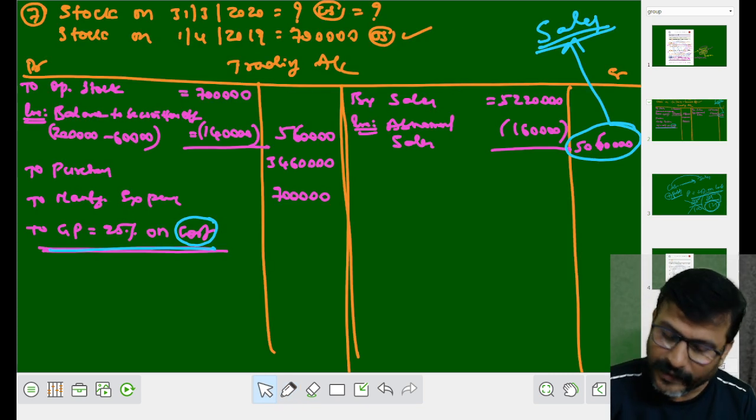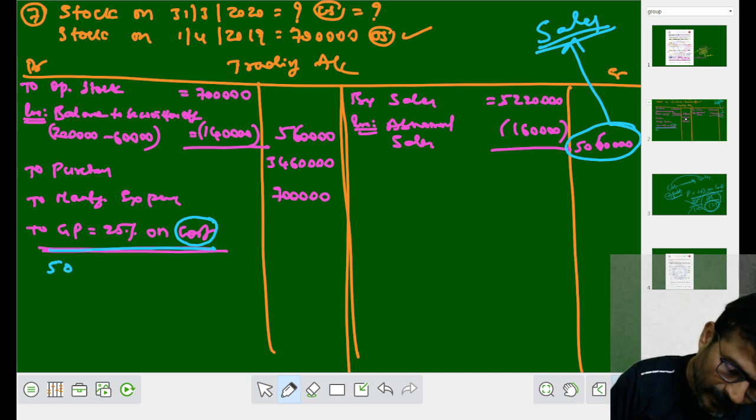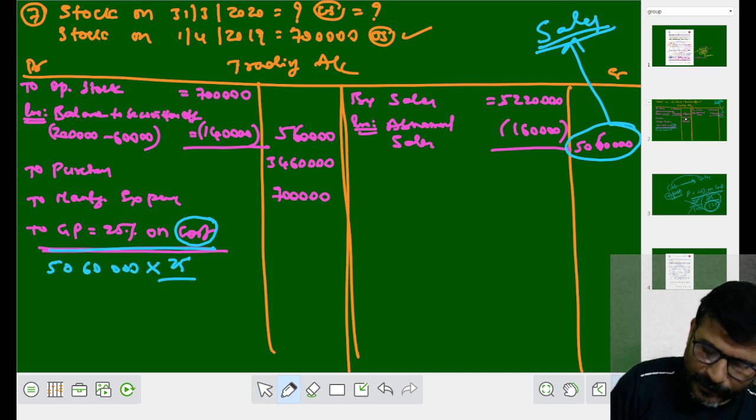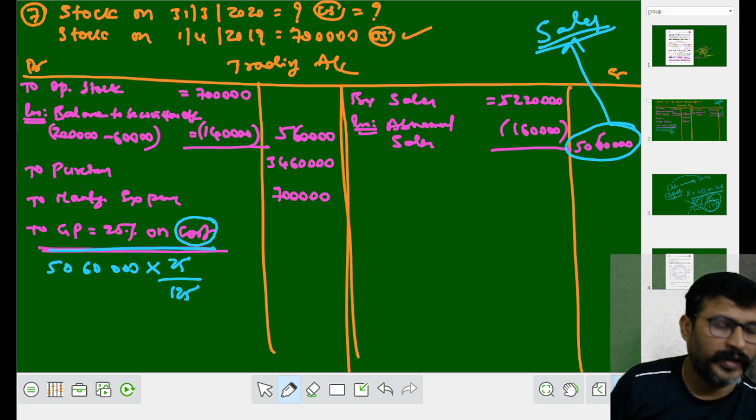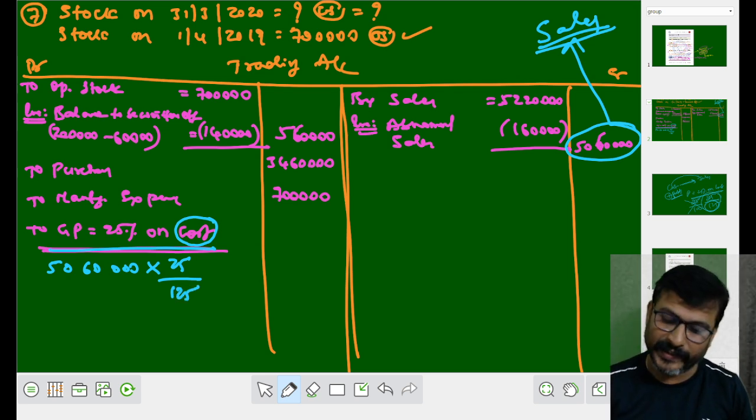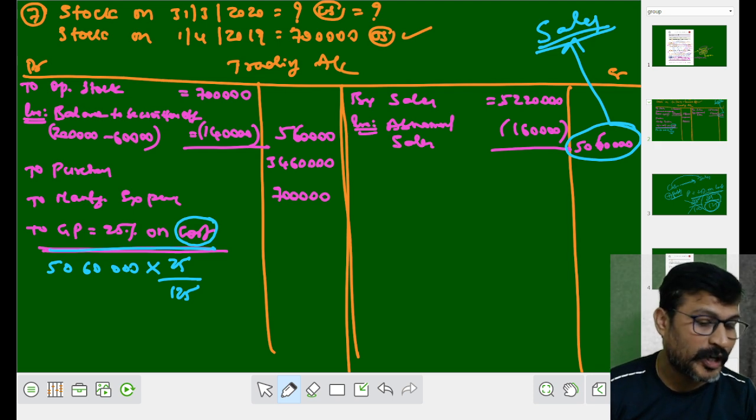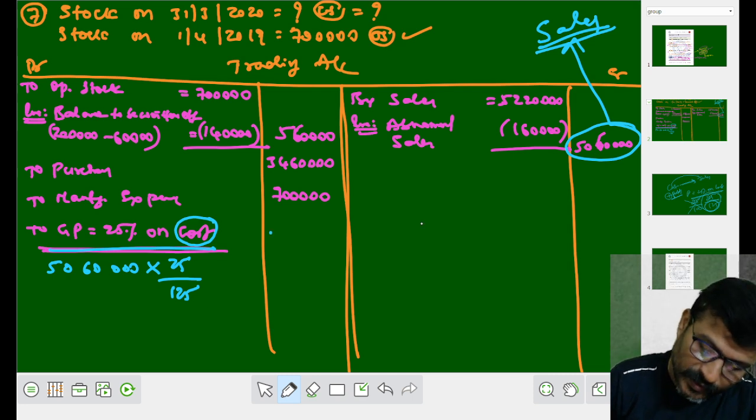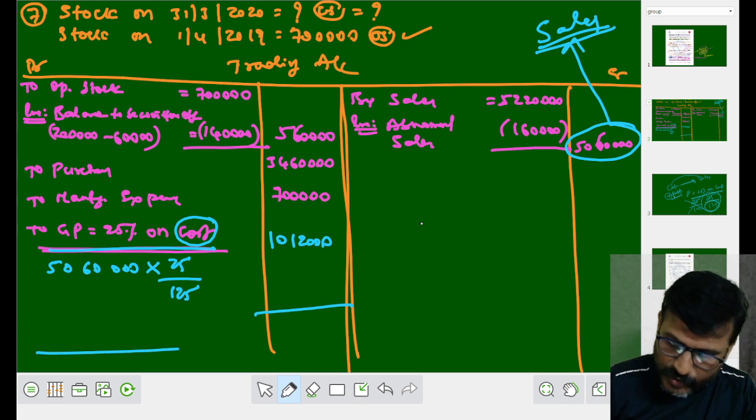Now, we have to write 50 lakh 60,000 into 25 by 125. Use a calculator and work it out. How much are we getting as the answer? It comes to rupees 10 lakh 12,000. Now you close.